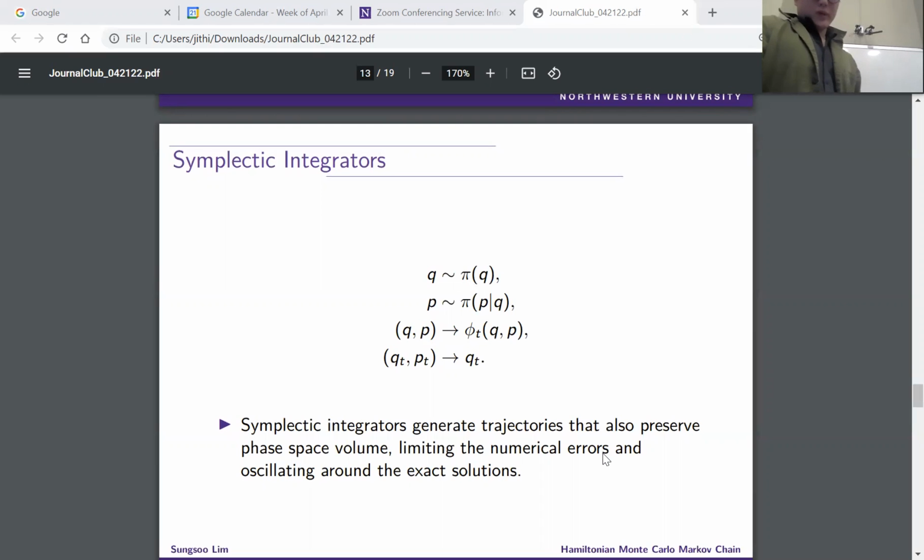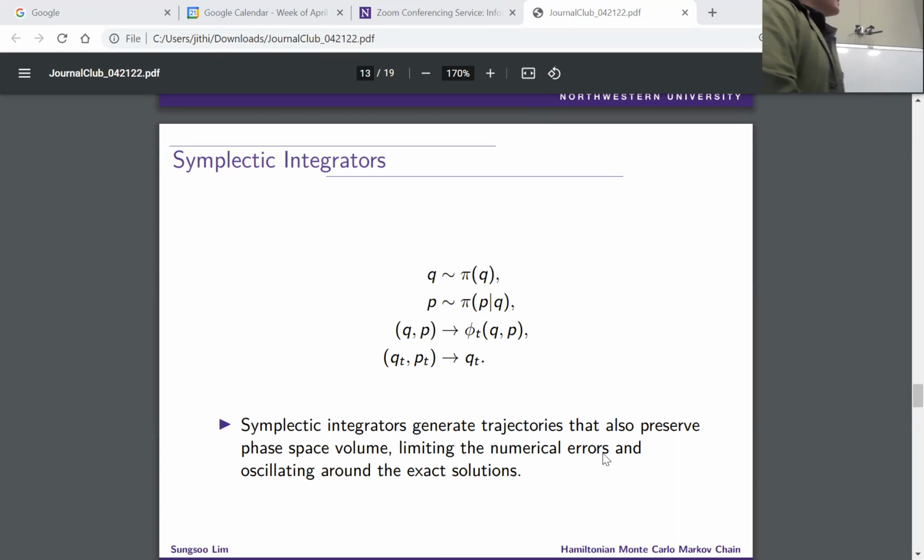And then once we have this, we can integrate along using the Hamiltonian equations that were defined before. At the end of the integration, we take the position variable, which would be the parameter in the parameter space of the target distribution, and ideally that would be within the typical set defined by the target distribution. So we can take that as one sample that we have sampled from the target distribution.